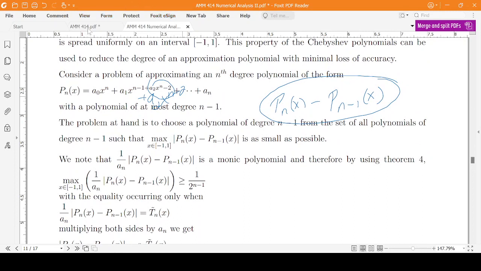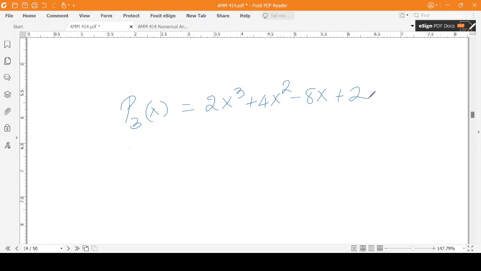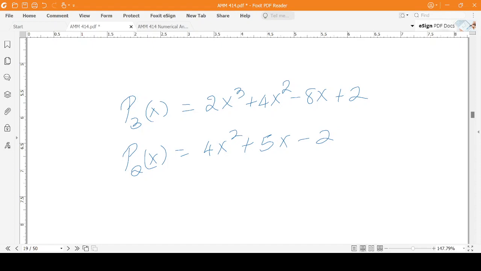Why do we say that? When we have a polynomial such as P3 of x equals, say, 2x raised to power 3 plus 4x squared minus 8x plus 2, for example, and then we get a polynomial of degree 2, so I have 4x squared plus 5x minus 2. And suppose we get the difference between these two. You see, the leading term here will remain.